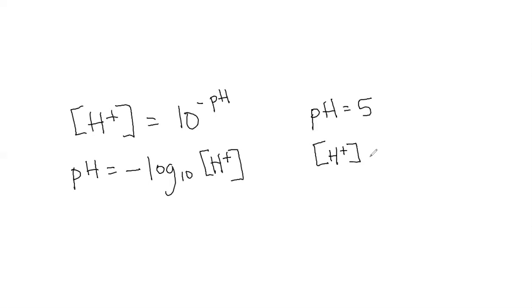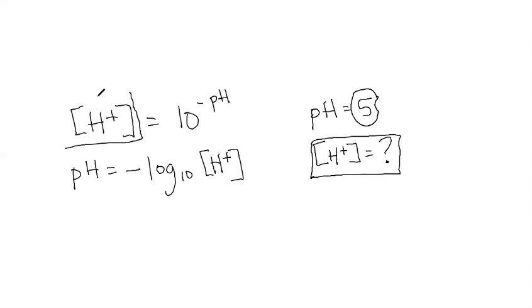And all you have to do is understand that you need to take this pH number and plug it in where it says pH. You could technically use either formula, but when what you want to know is the concentration of hydrogen, then use this formula.